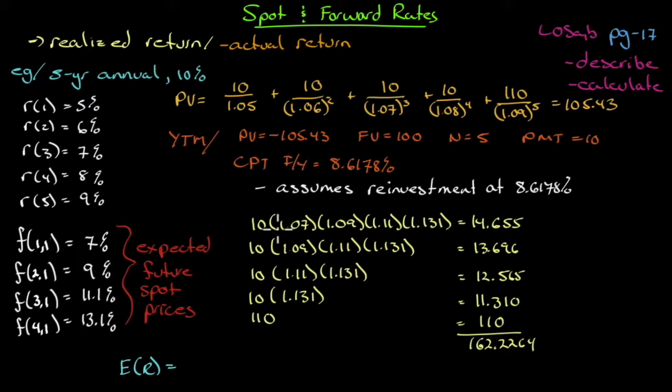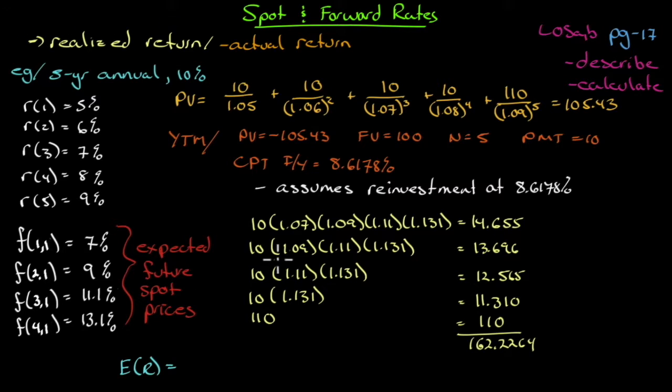So your $10 would be, if the expected future spot rates play out as the forward curve suggests, in other words, the market's got it right. The market's priced in its expectation, and the expectation will become reality. Our 10 will be reinvested at 1.07 for a year. Then it will be reinvested at 1.09, then 1.11, then 1.13.